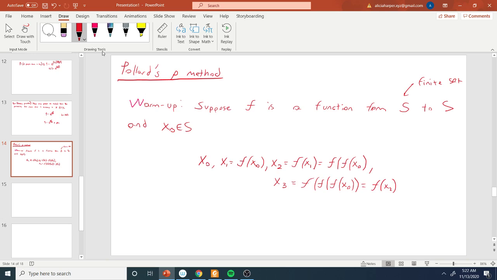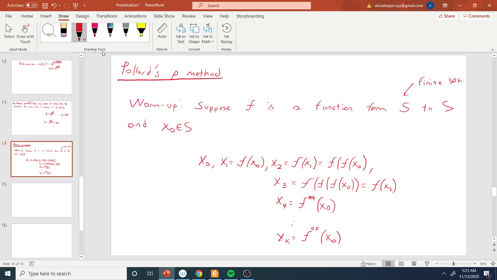And so you can see the pattern. The way I'm going to denote this is that, for example, x4 is f with a circle in the exponent, which means I'm composing the function 4 times, of x naught, and so on. xk is equal to f composed with itself k times, of x naught. So I keep iterating applications of f.